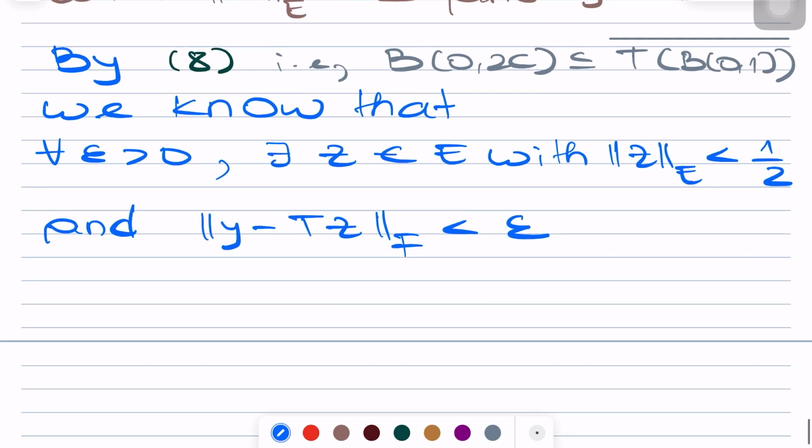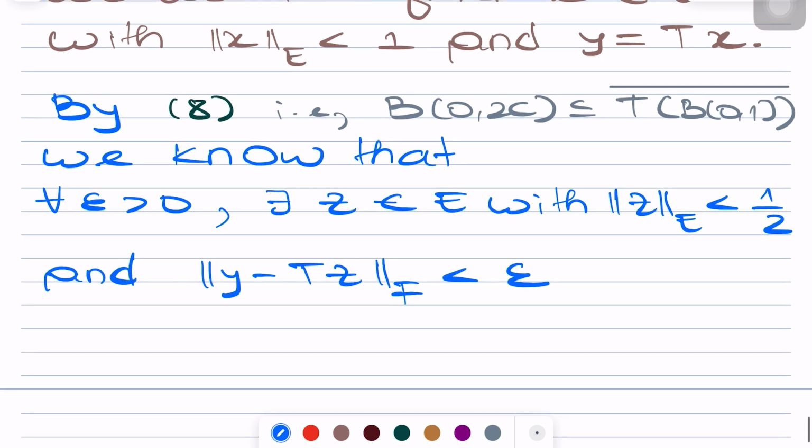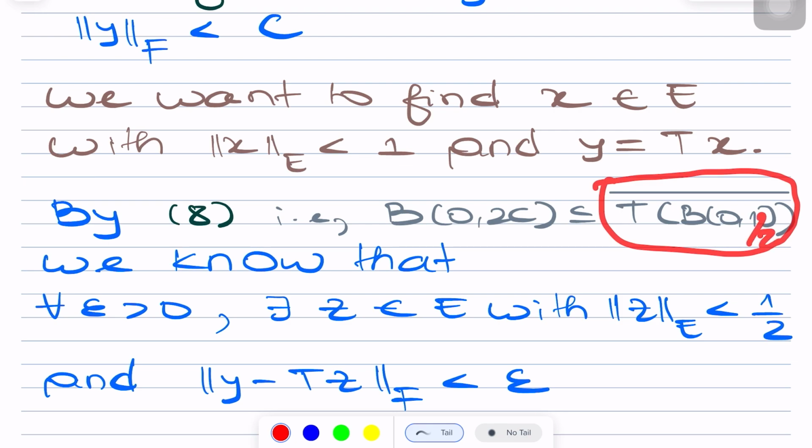This follows by (8), because the norm of y is less than c, so y is contained in this space with radius 1/2. Being in the closure means you can find a sequence of points that approximate the point in question.